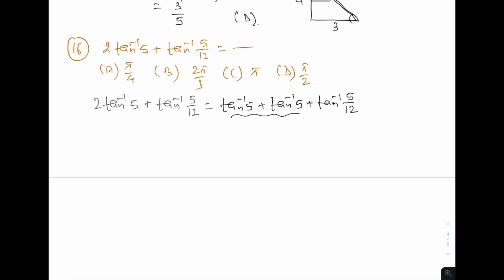And for tan inverse 5 plus tan inverse 5, you know the formula: tan inverse x plus tan inverse y, if the product xy is greater than 1, then the result is pi plus tan inverse of x plus y over 1 minus xy, and here the product is greater than 1.